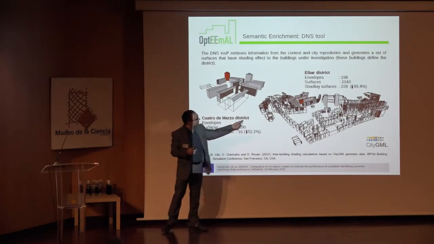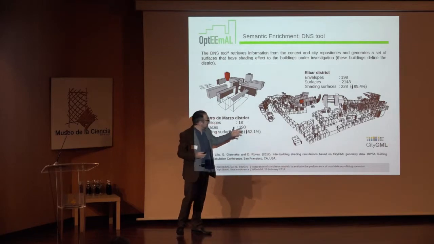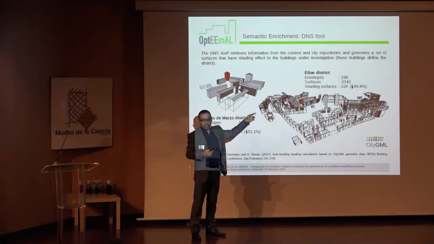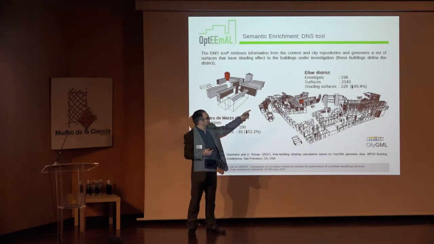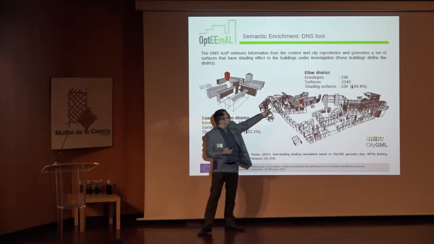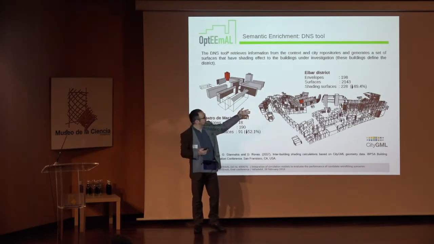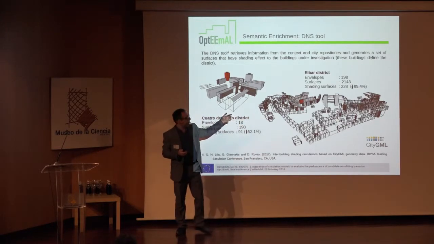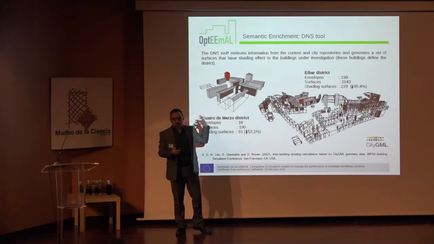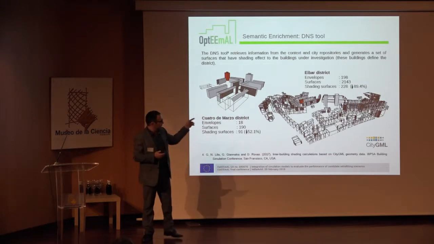Here, Eibar district is more complex. We have 198 buildings and only 220, we selected one central building to be simulated. And for this building, only 200 surfaces are affected by shading the building of interest.